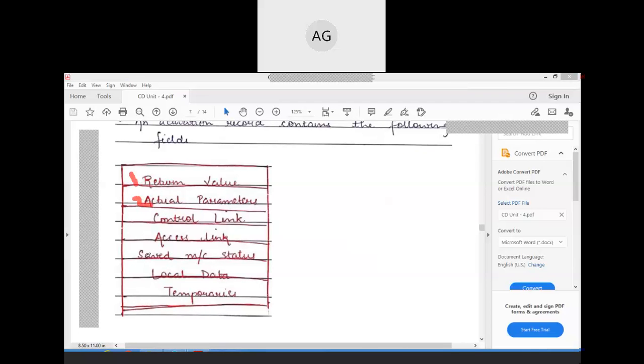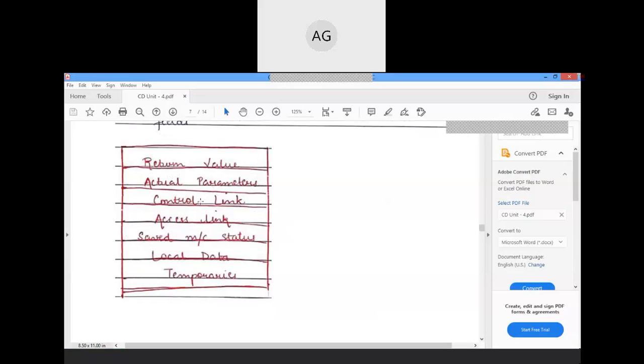You can also write the points 1, 2, 3, 4 here, so that you can easily remember them. These are the fields, or in terms of DBMS, the attributes, which are contained in the activation records.